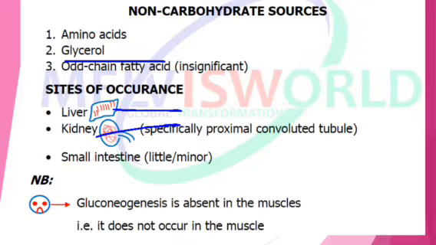But it's paramount you note that gluconeogenesis is absent in the muscle. Recall we said glycolysis takes place in the cytoplasm of all body tissues, but gluconeogenesis occurs majorly in the liver, the kidney, and a little in the small intestine. That is to say, gluconeogenesis doesn't take place in the muscle.